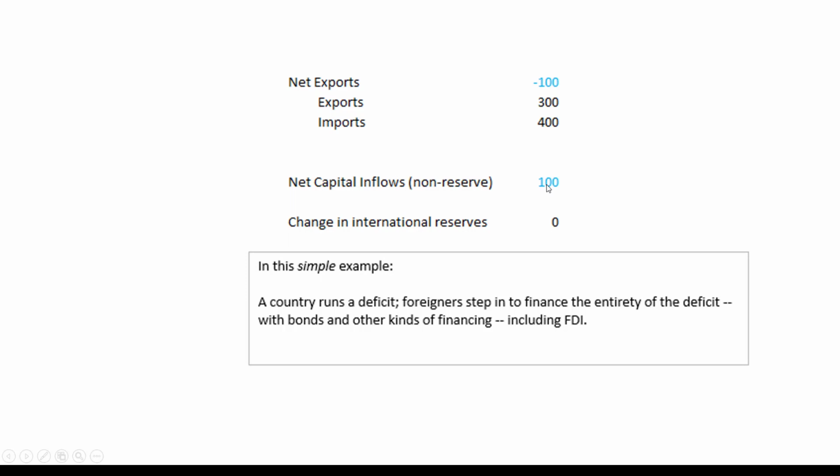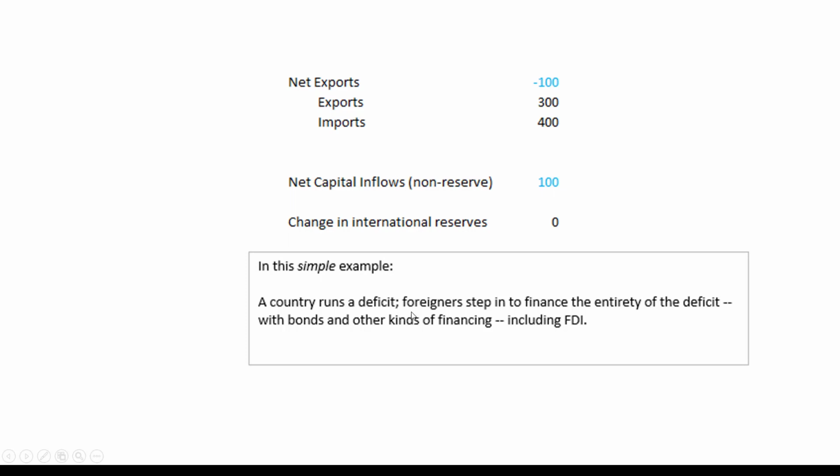We have to get the financing from someplace in order to sustain this deficit. In this case, the foreigners are stepping in to provide the financing, and they're financing the entirety of this deficit. And they're financing it how?